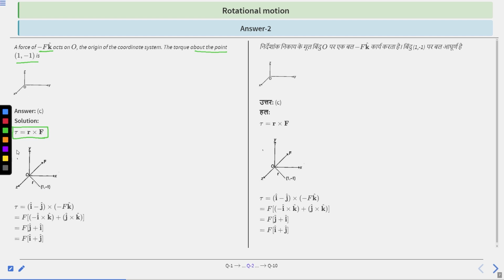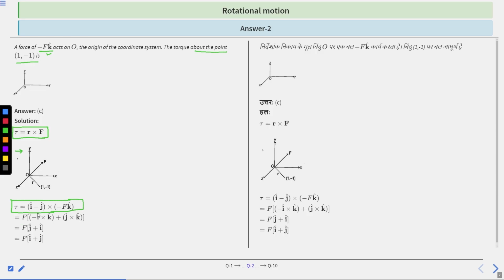We can understand it from the coordinate system, here 1 and minus 1 lies. So we know tau equals r cross F. So r is i cap minus j cap, cross F, which is minus F k cap, given in the question. Solving this equation, tau equals (i cap minus j cap) cross (minus F k cap), we will get the final answer.